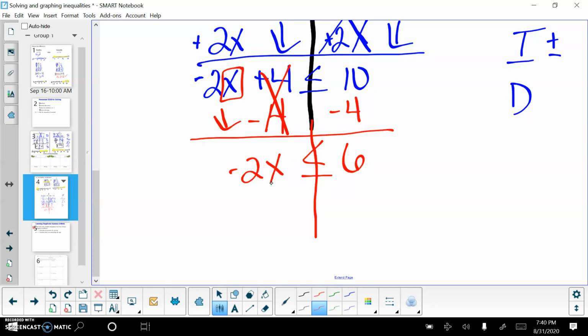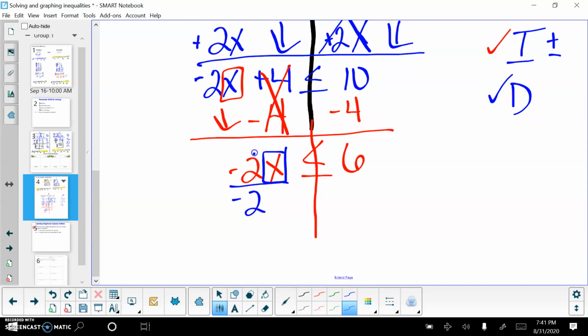Okay, almost done. I have just finished up the last plus or minus isolate step, but I still need to get this x by itself. So that means I need to get away the negative 2. And that negative 2 is being multiplied by x, negative 2 times x. So the opposite of that is the last D, divide step. So I'm going to divide by the negative.